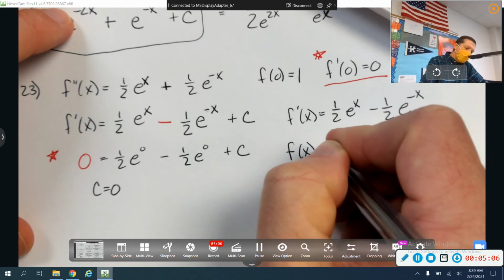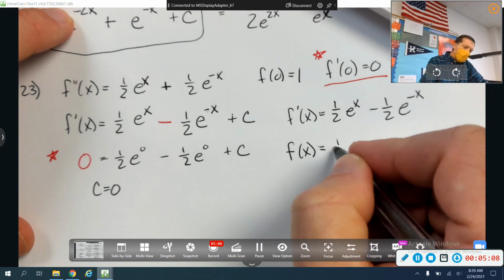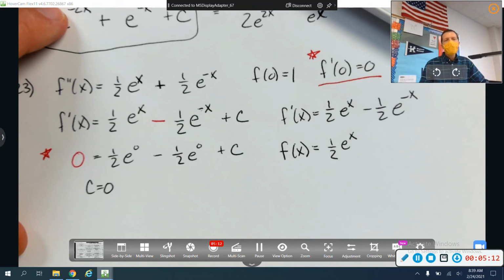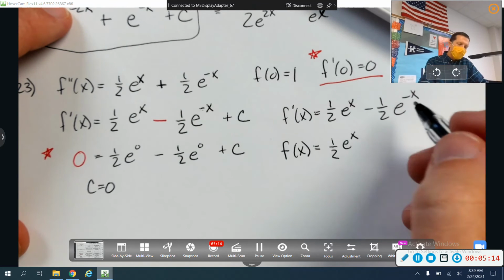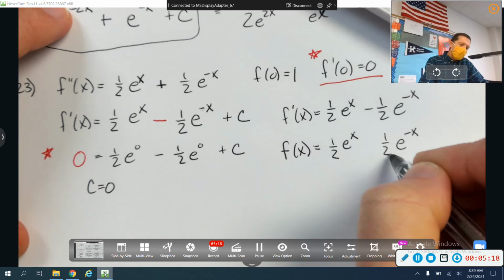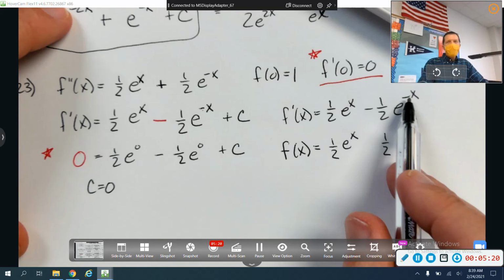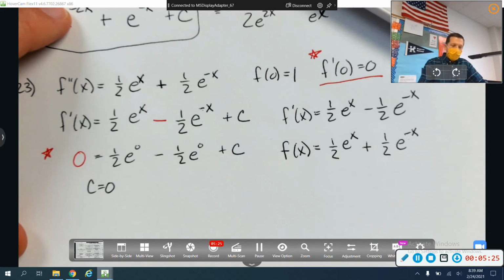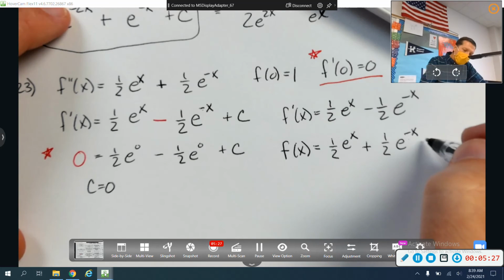Antiderivative of e to the x is e to the x. This one just is changing signs on us because of that negative. So this is going to be plus because of the negative, and then plus c.